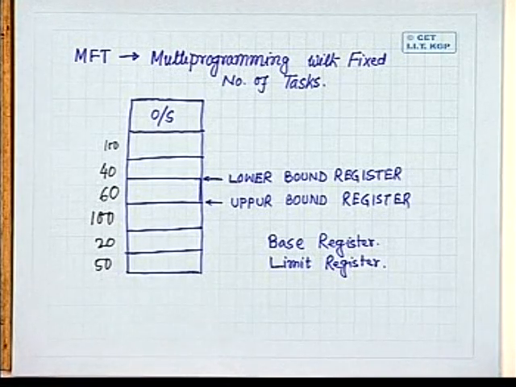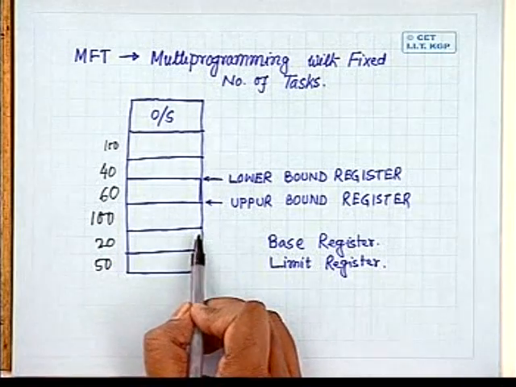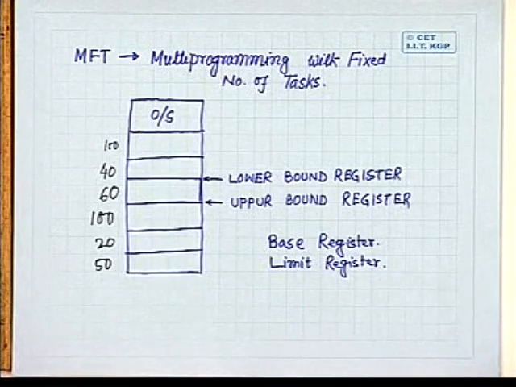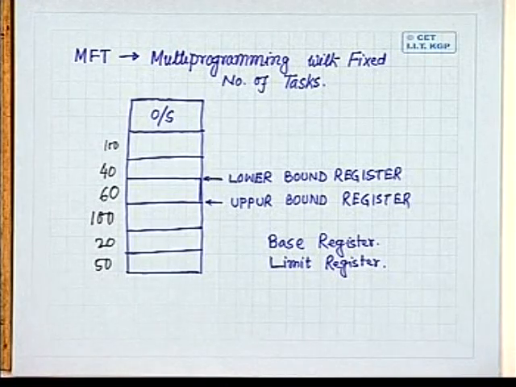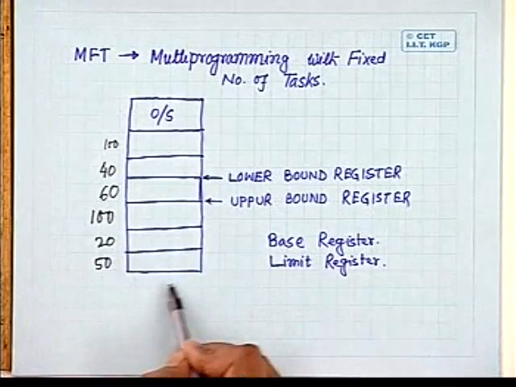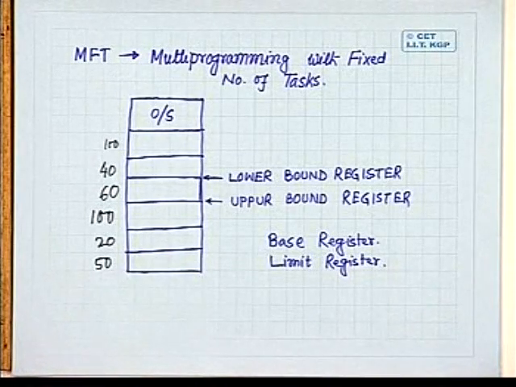Okay. So whenever a new job has to be put into the main memory, I have to find a partition which can take that job. So naturally, if I have a job whose memory requirement is 120 kilobytes, that job can never be put in this main memory, because I don't have any partition whose size is greater than or equal to 120 kilobytes.